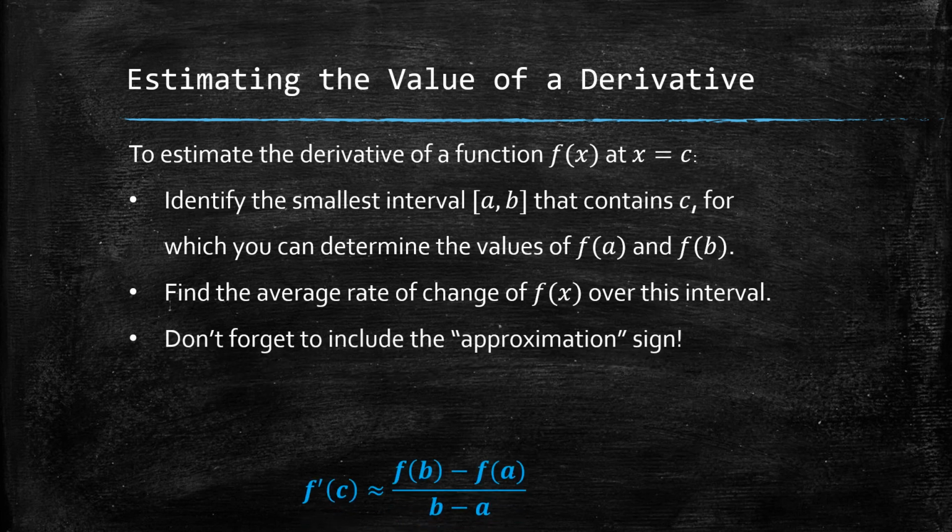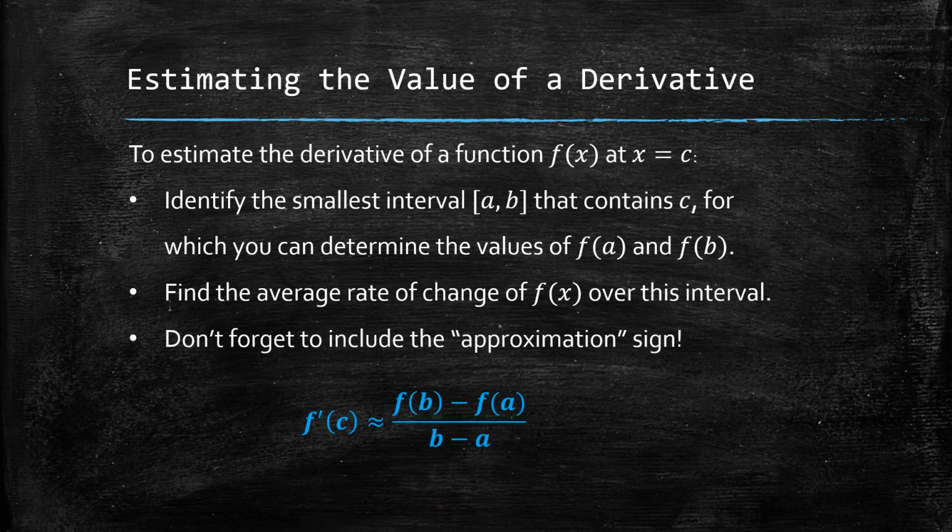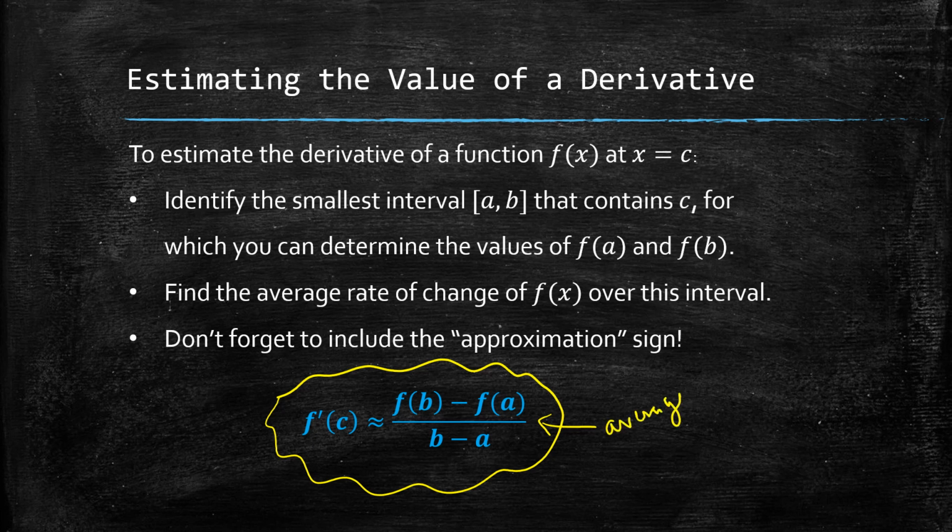And not forgetting to include the approximation sign, you generate this formula. So as we can see on the right-hand side, this is the average rate of change. I'll just put ROC. And on this side is the value we don't know for sure, but we're hoping to estimate, the instantaneous rate of change.